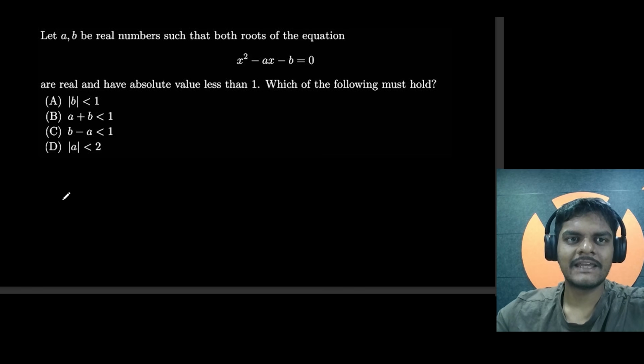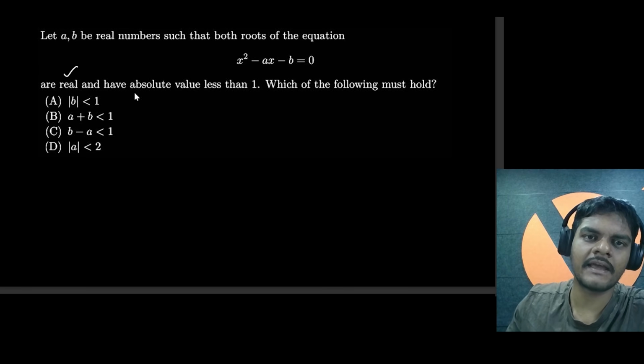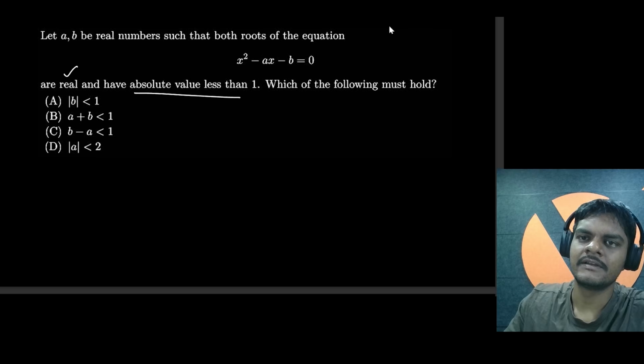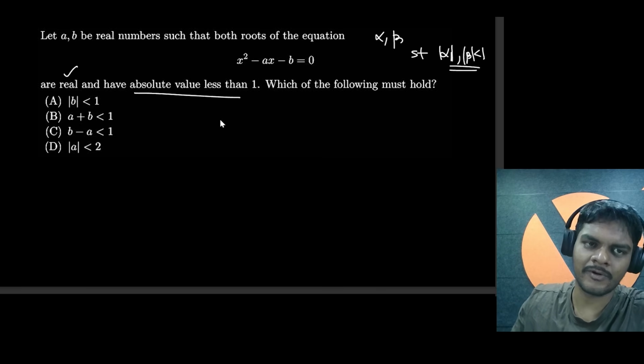So a, b, let them be real numbers such that both the roots of the equation are real and have absolute value less than 1. So alpha and beta are the roots such that mod alpha, mod beta is less than 1. So immediately, what can we say about the sum or product?